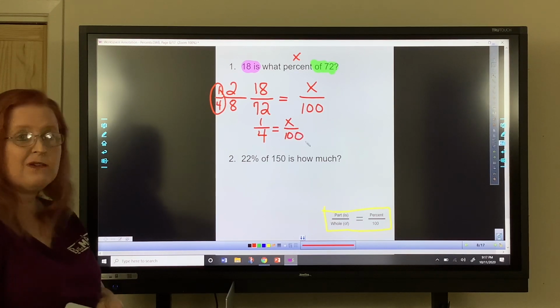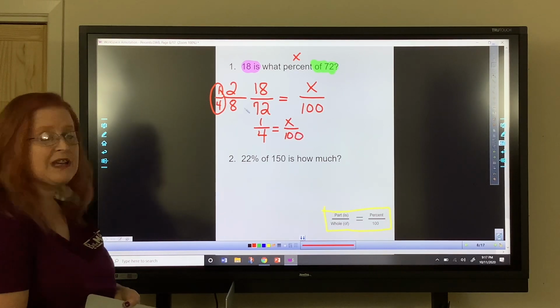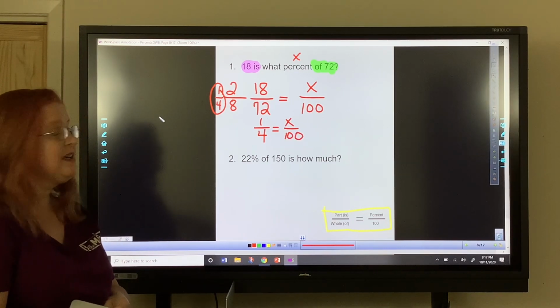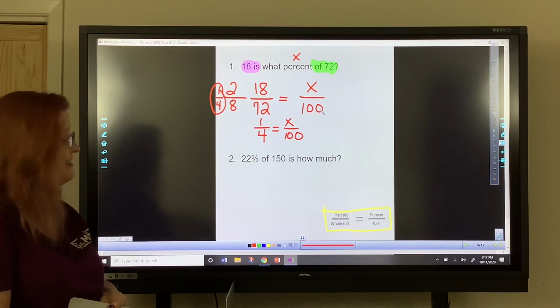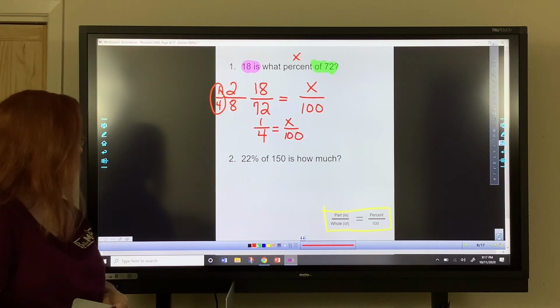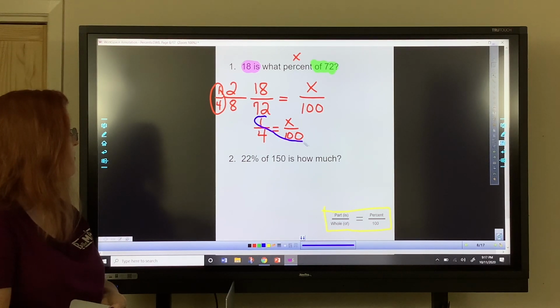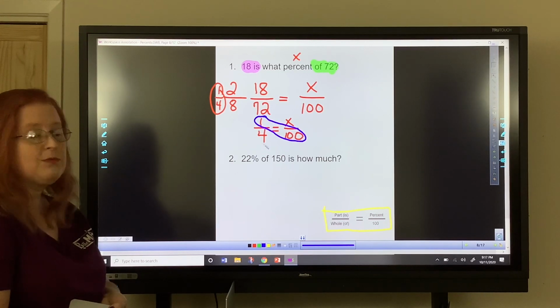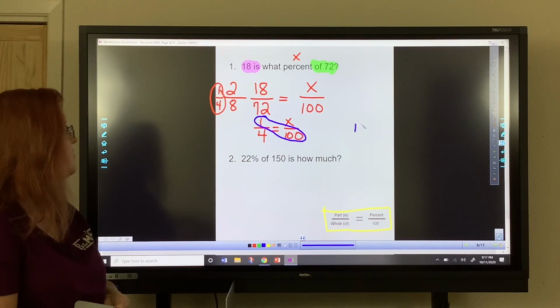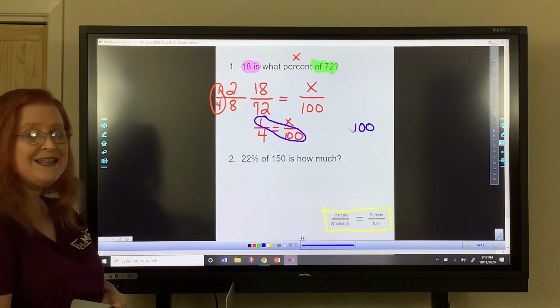Now, if you have a calculator or you're allowed to use a calculator, you don't have to do that. You could have just multiplied 18 times 100 and then divided by 72. We're going to multiply 1 times 100, which is 100. And that's our number that goes on the inside.